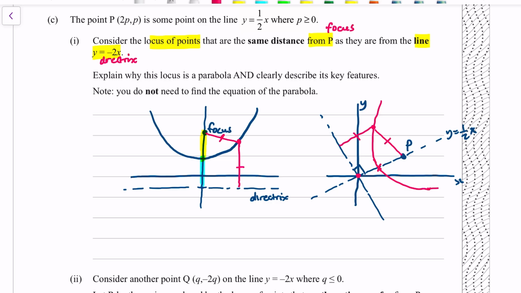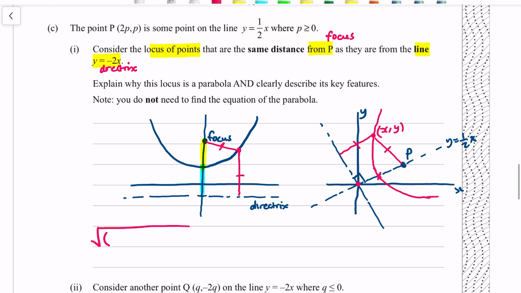Well, if we make this coordinate here (x, y), then the distance from (x, y) to P, we could just use Pythagoras to find that. We would be going square root of the difference between the x values, which is (x minus 2p) all squared, plus the difference between the y values, which is (y minus p) all squared.